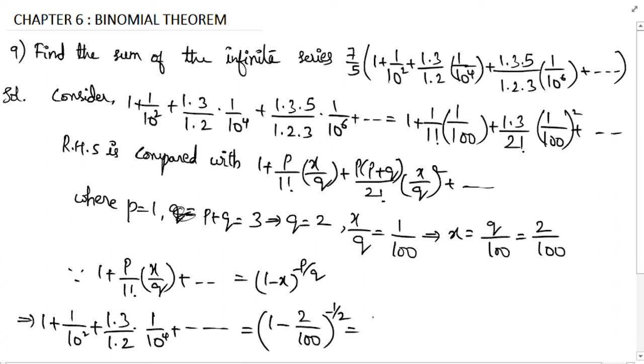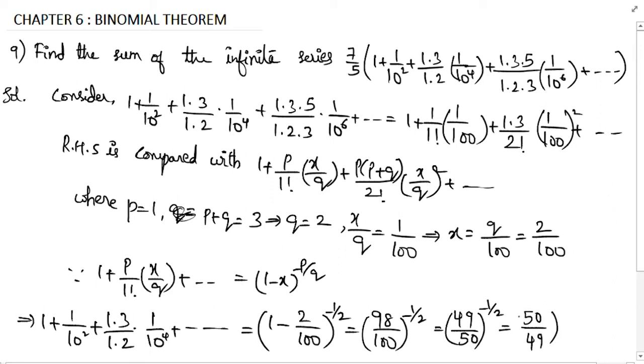Okay. So that is equal to 98 by 100 whole power minus 1 by 2. That will be equal to 49 by 50 whole power minus 1 by 2. That can be written as 50 by 49 whole power 1 by 2. So that will be equal to 5 root 2 divided by 7, right?